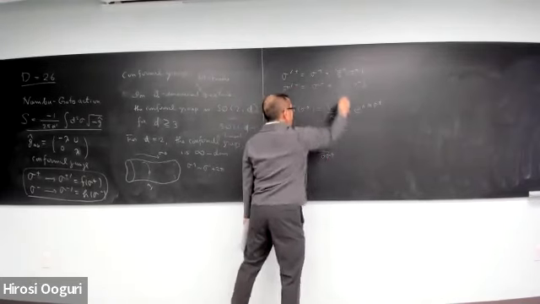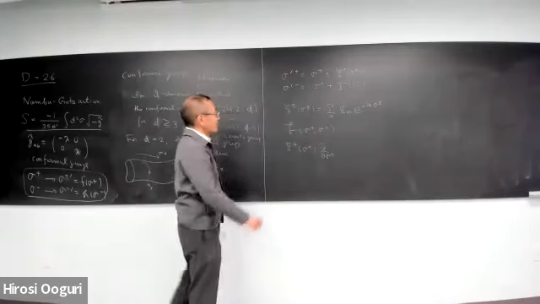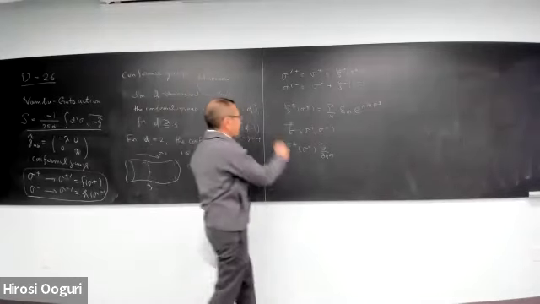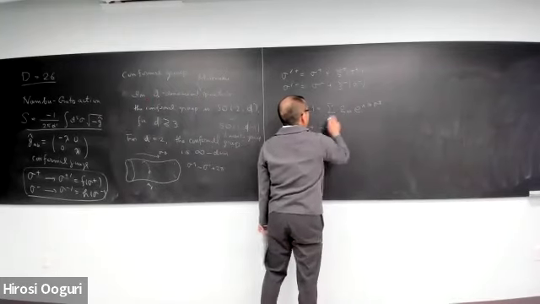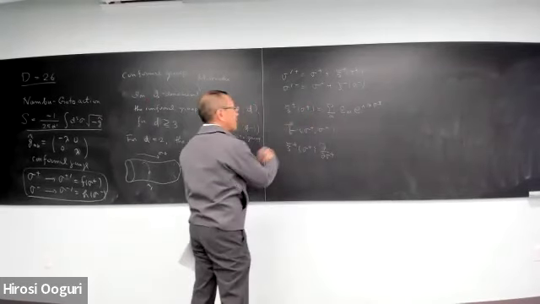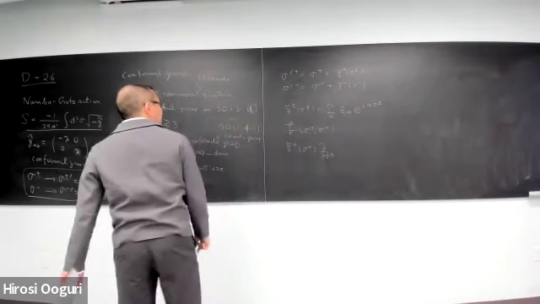So this will generate this type of transformation, right? And if you have two different sets of epsilon, then that makes an algebra.